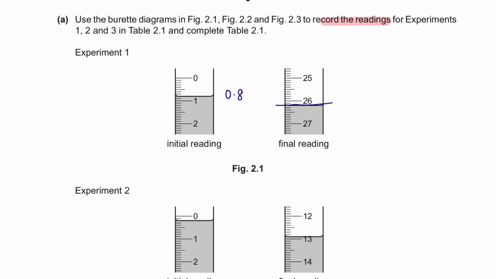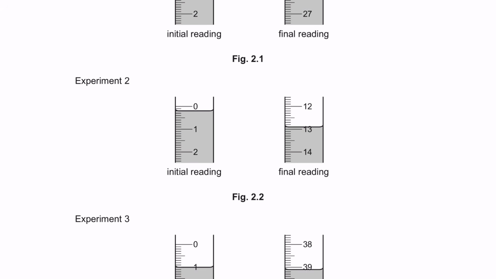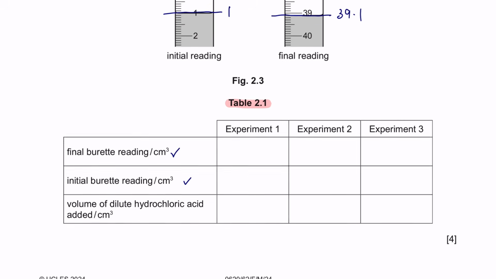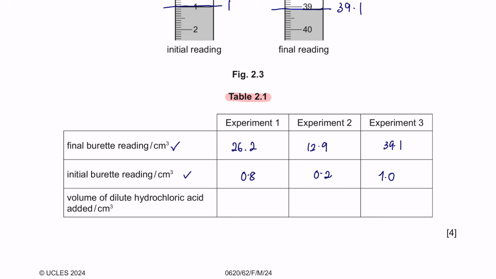This here is at 26.2. And then we've got over here 0.2, and this is 1 above 13, so it will be 12.9. And then we've got exactly at 1, and this is 1 below 39, so it will be 39.1. So we'll just fill into the table accordingly.